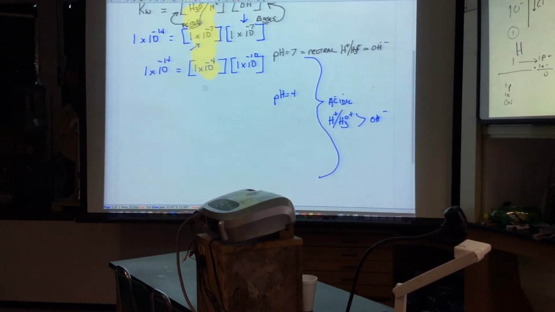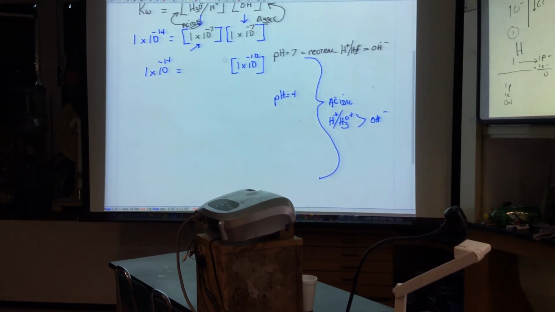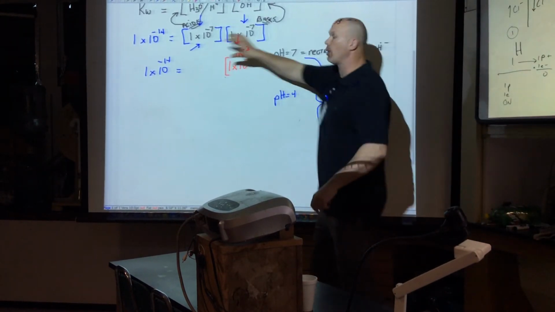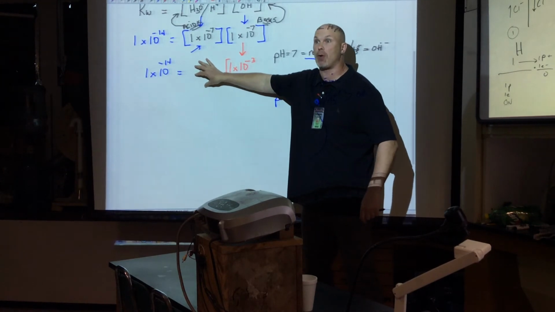Okay? Let's add a base to the problem. Now if I add a base, what number is going to be higher now? Let's increase this OH to 1 times 10 to the negative 3. But you would still look at the first column, because we're looking for a pH. Even though I'm changing this number, I'm looking at what this becomes, and that's another Regents problem.